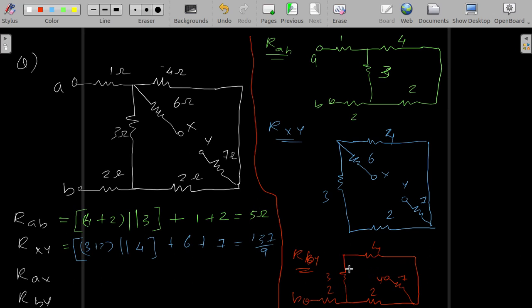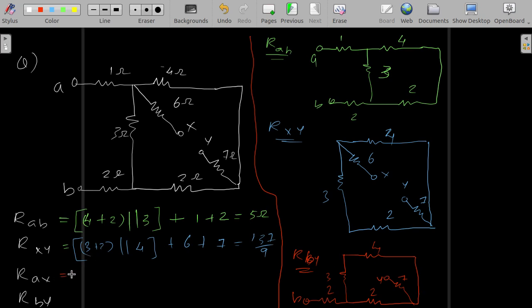Here 3 and 4 forms a series connection. Earlier in these two cases 3 and 4 didn't form a series connection, but here 3 and 4 forms a series connection, right? That series connection is in parallel with 2, then the whole thing is in series with 2 and 7.